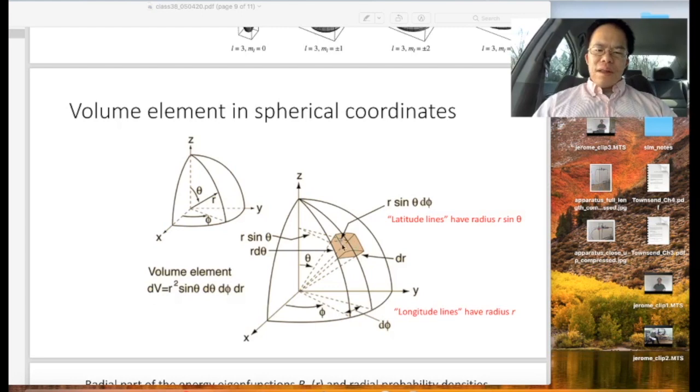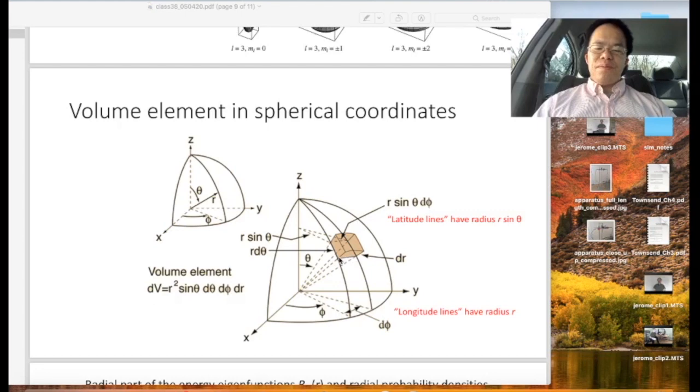Let's first deal with this side, which lies along a line of longitude. Longitude lines have radius r, and the angle I'm subtending here is d theta. Because the longitude line has radius r, the length of this little segment is r d theta.